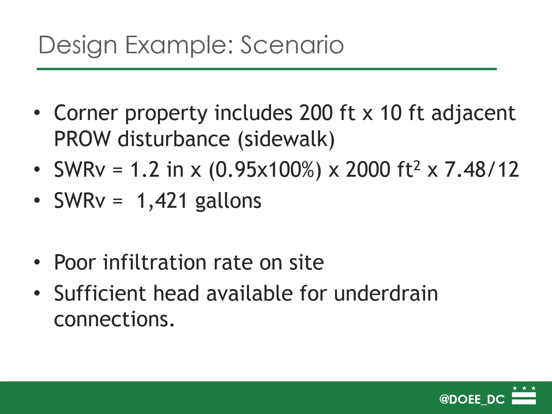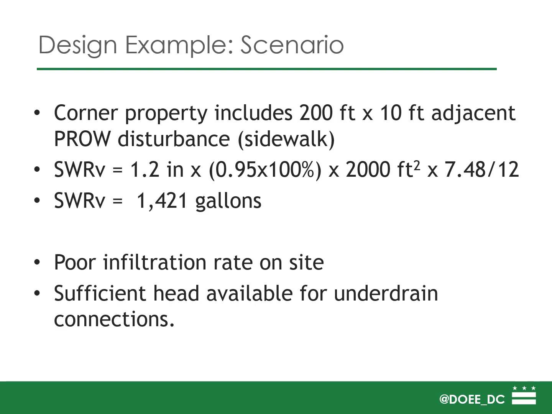So let's look at an example. So let's say we have a corner property with some adjacent public right-of-way. It's just sidewalk, so a 10-foot adjacent sidewalk, 200 linear feet. The SWRv for this is going to be 1.2 inches, because the public right-of-way SWRv is also always calculated at the 1.2 inch precipitation depth.